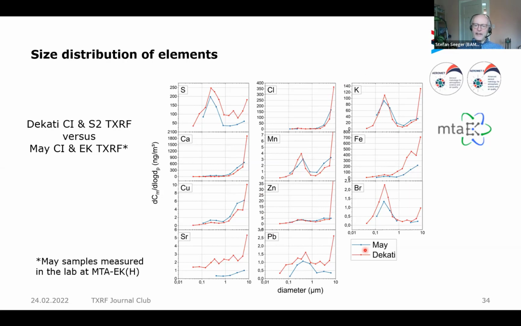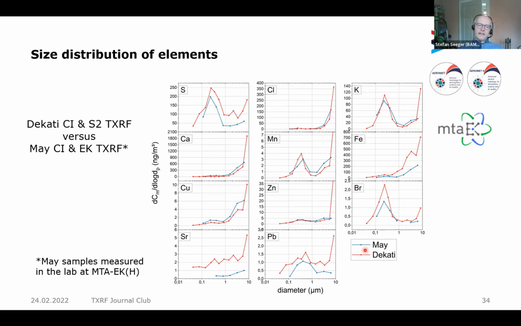Of course, there are slight differences, and especially at the very coarse end of the particle size range, you see huge differences, which point to a slight problem here.